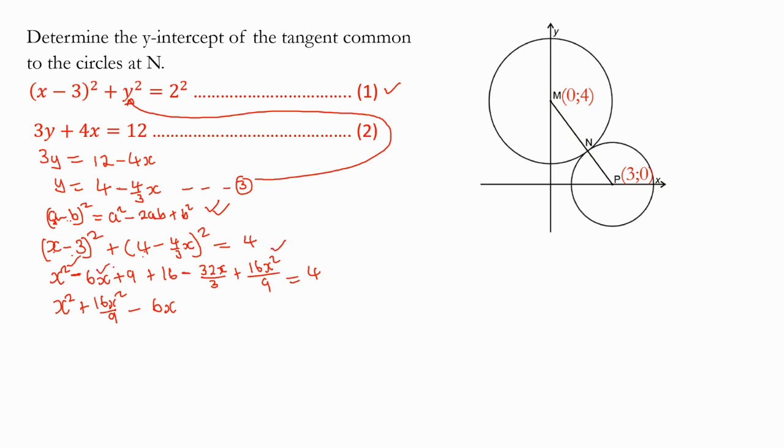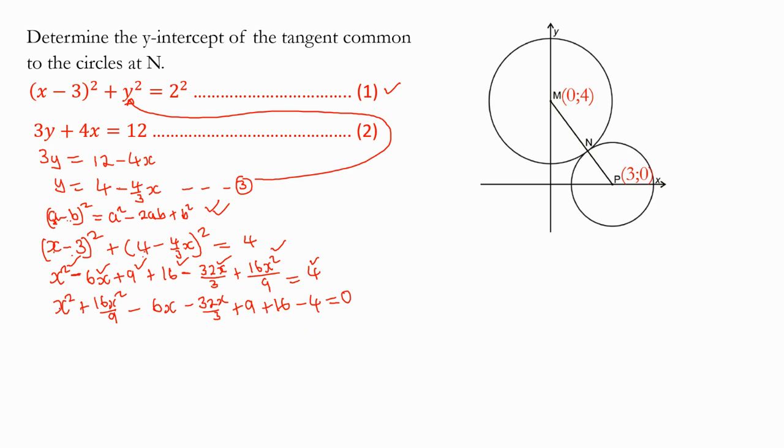Now we're doing negative 6x minus 32x over 3. We've done these ones. We go to the constants, then plus 9 plus 16, and then this one minus 4, since it comes to the left, is equal to 0. You see that? Okay, right.